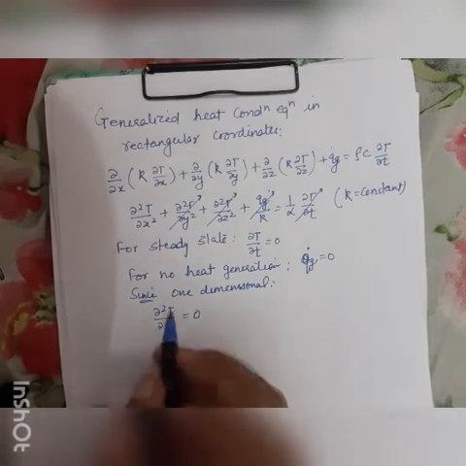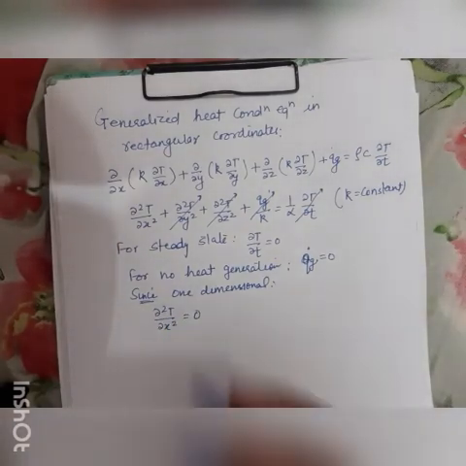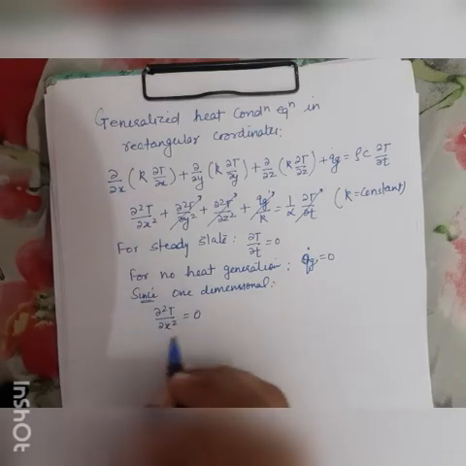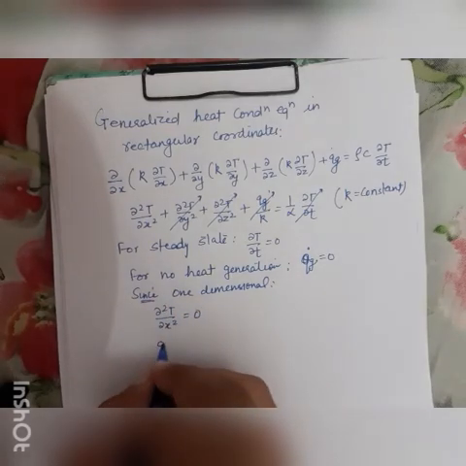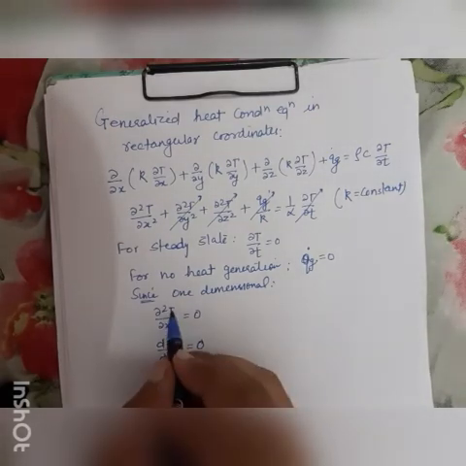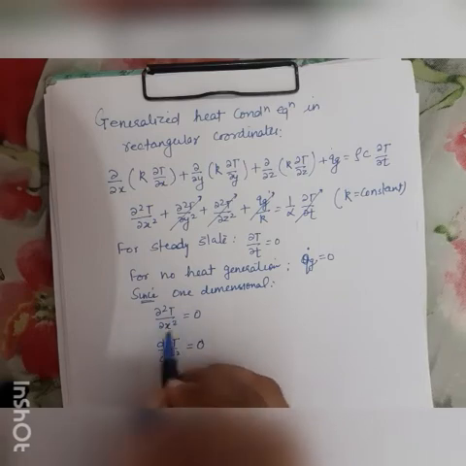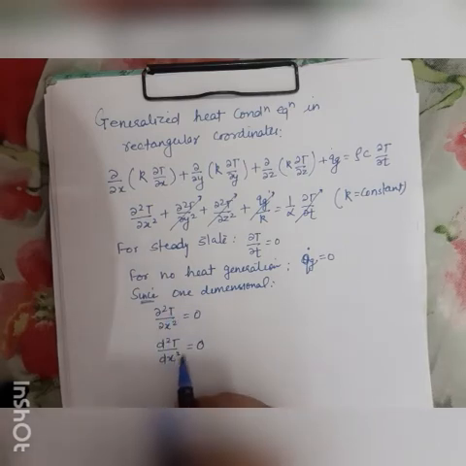Now please note, since the temperature is varying only in the x direction, this partial derivative equation can be replaced by a total derivative equation, d²T/dx² equals 0. Since it is one-dimensional heat transfer, the temperature varies only in x.